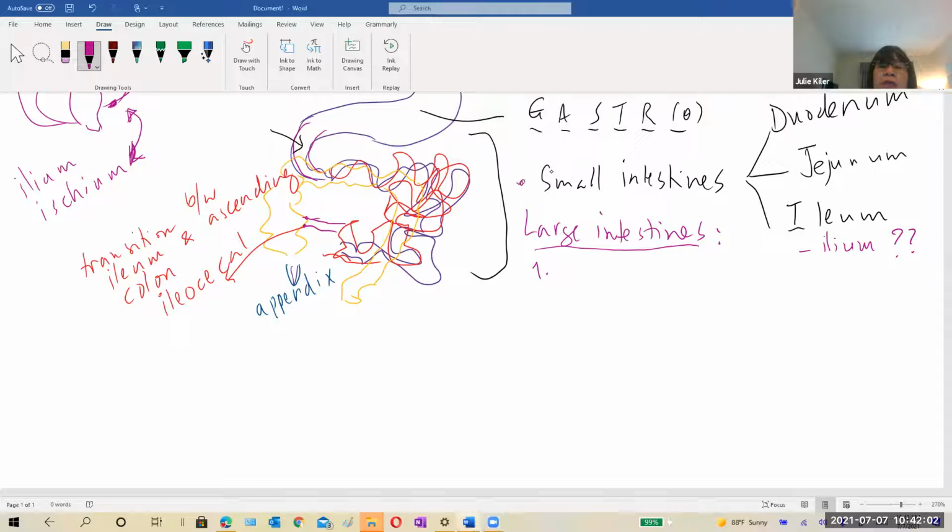Now we talk about large intestine. We start from cecum, which is a small part of the colon. So we start from the ascending colon. Yeah, you see that here, the ascending colon. Are we good? And we get to the transverse colon.